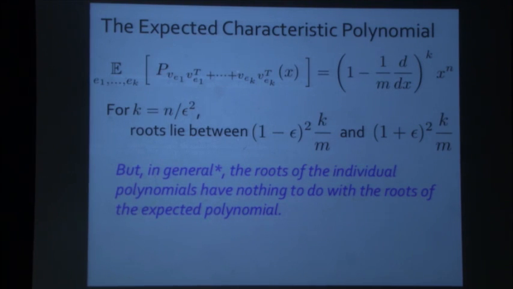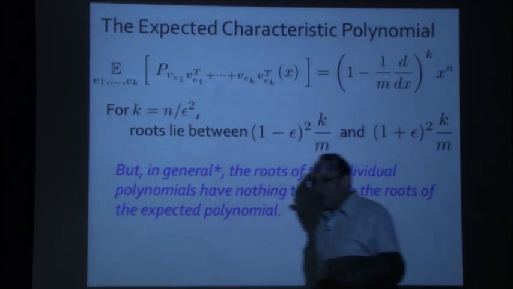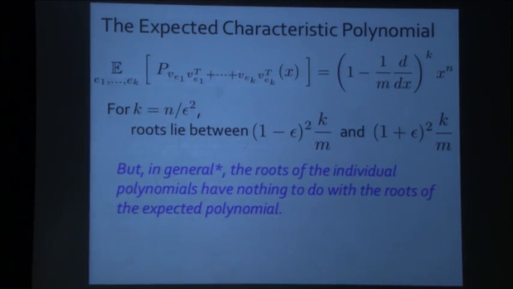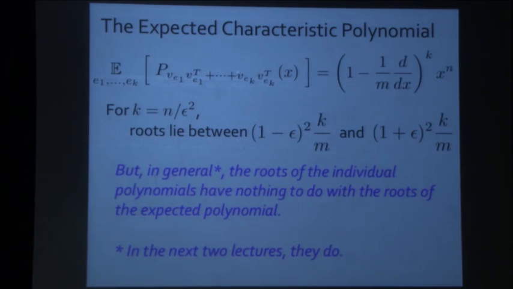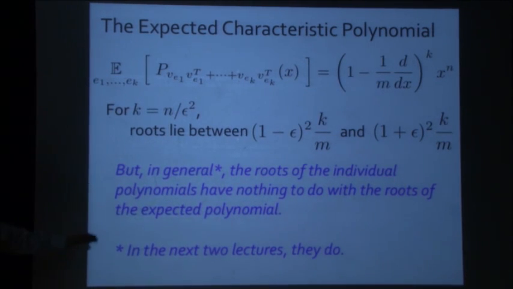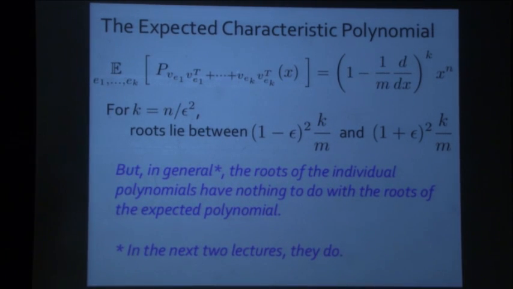I say in general and usually here, and I'm hedging, because my next two talks are all based upon the fact that if you have the right family of polynomials, there actually is a clean relation. And that's what we're going to exploit in the next talks. For very, very special families of polynomials, the expected characteristic polynomials tell you a lot. But for today's lecture, they don't.